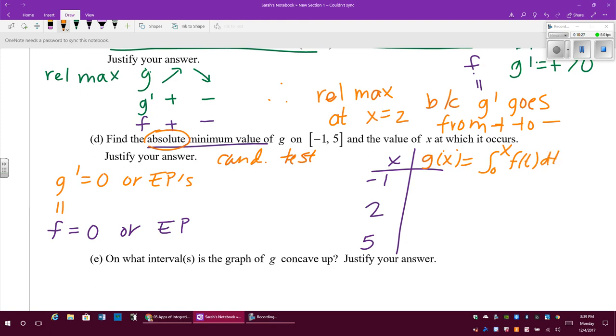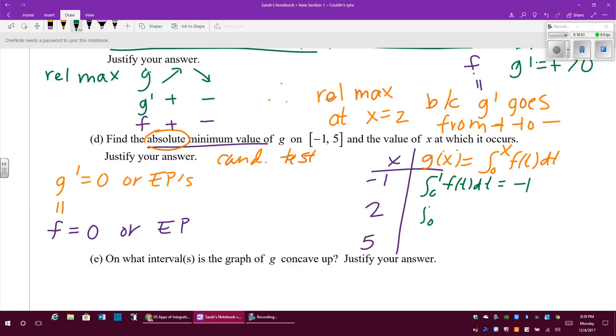What's really nice is if you go up and look at letter A, which you've already answered, all of these are in letter A. Let me give you an example. This is the integral from 0 to -1 of f of t dt. Well, we already answered this. The integral from 0 to -1 we discovered earlier was -1.